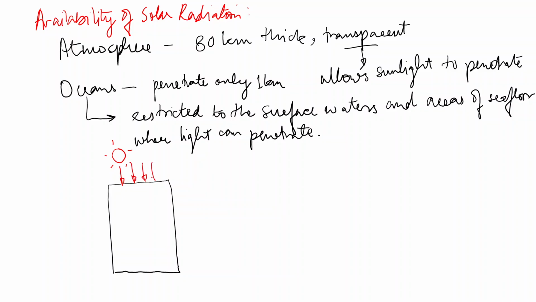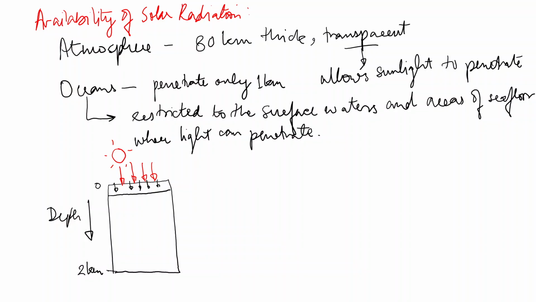The solar radiation falls on the ocean water column. It is given some depth, shallow to, let us say, make it 2 kilometers. Under normal circumstances, this solar radiation can penetrate up to a very, very shallow depth if we are in the coastal regions or in the shallow zones.